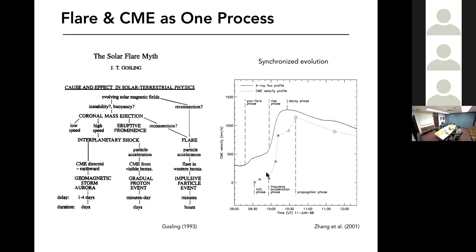With SOHO, we have coronagraphs. In particular, we have this so-called C1 coronagraph that images the very low corona. Unfortunately, it only operated for a couple of years, then it was broken, so we didn't get much observations out of that. But with the observations we had, these authors looked at the genesis of several CMEs.